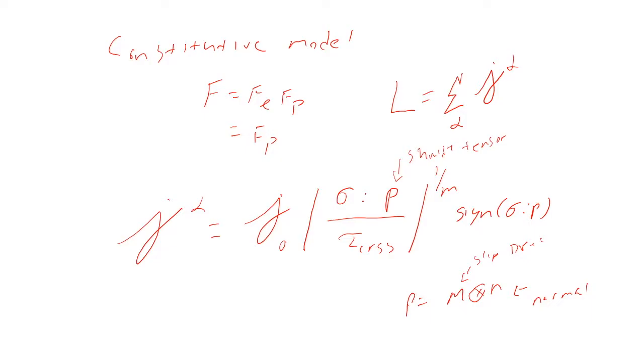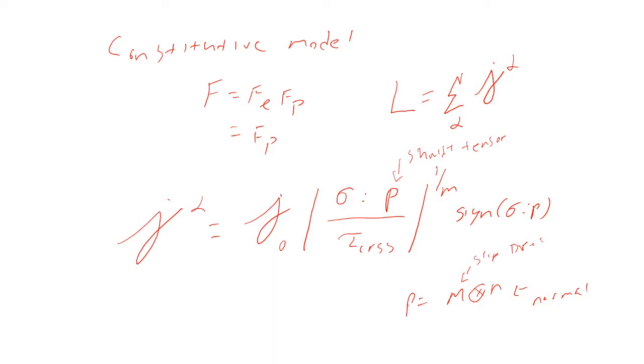What happens if my resolved shear stress is slightly less than my critically resolved shear stress? I've got a fraction that's slightly less than 1. A fraction slightly less than 1 raised to the 100th power is about 0. This goes to 0 very quickly if this is less than the critically resolved shear stress.